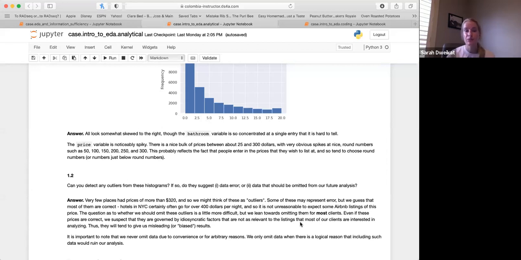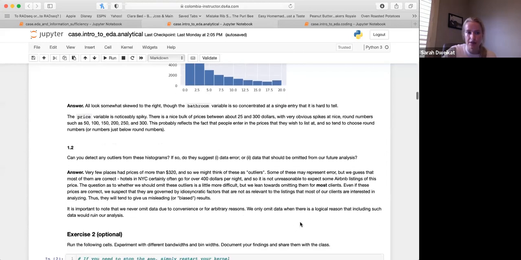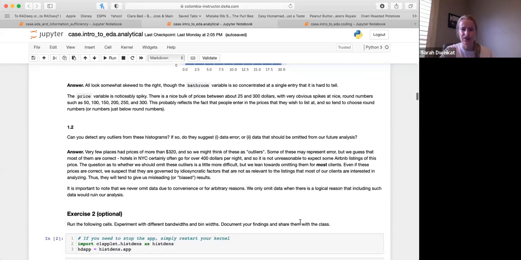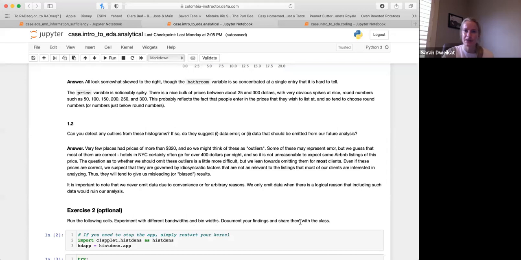If you ever remove data, or change or modify data, it's very important to make note of that and to report it with your analysis. Transparency is the biggest thing with data analysis, and data manipulation can drastically affect your outcome. So you have to be very careful about any steps that you take to modify your data. So in this case, I don't think that we should cut out that data unless we were explicitly told to cut out any higher price range listings.